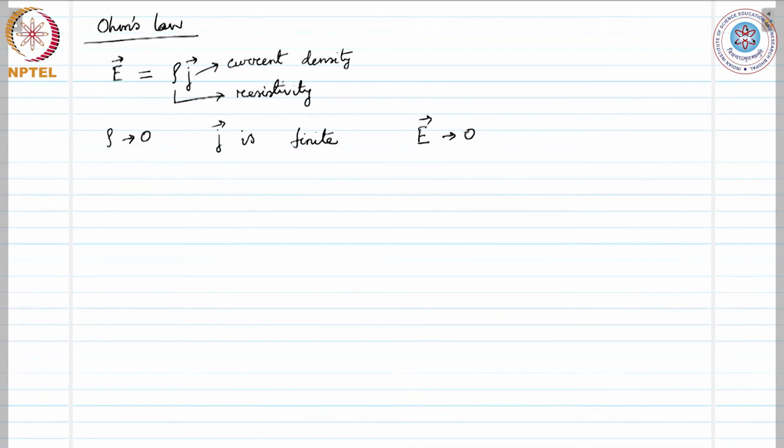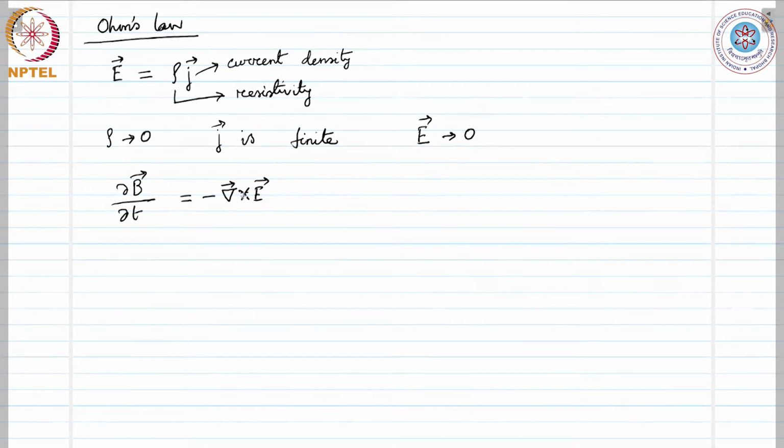Now, let us recall a Maxwell's equation, which is also known as Faraday's law, that is del B del t equals minus curl of the electric field.